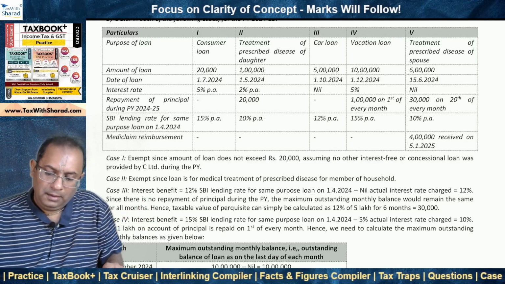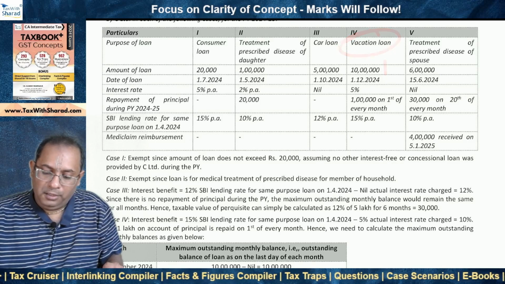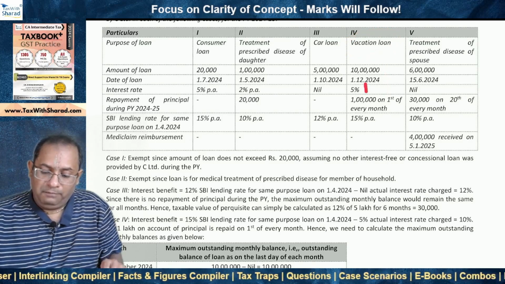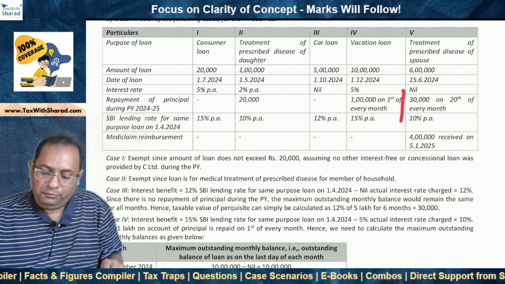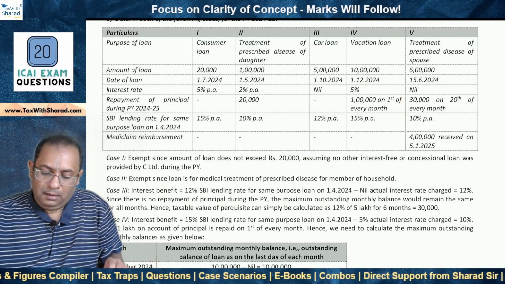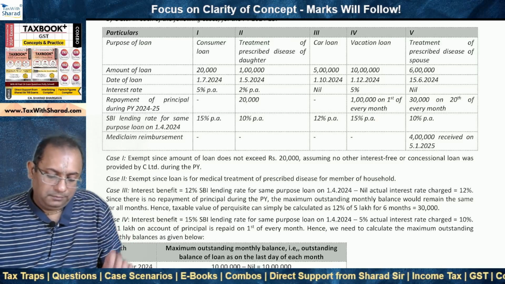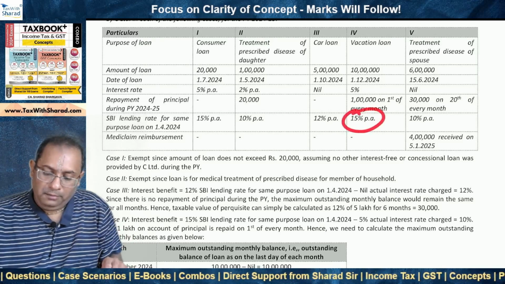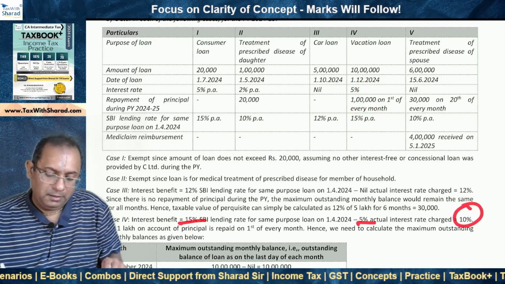Clear? Case 4, loan is taken for vacation for 10 lakh rupees on 1st of December at 5%, and repayment is done of 1 lakh on 1st of every month, and 15% per annum is the SBI rate. So interest benefit is what? 15% minus 5% is equal to 10%.